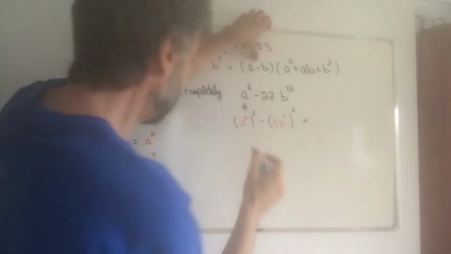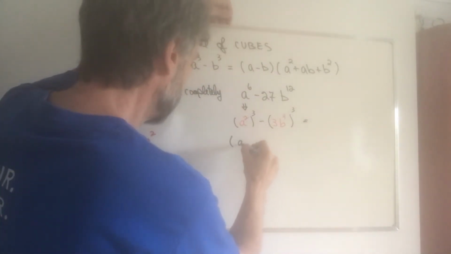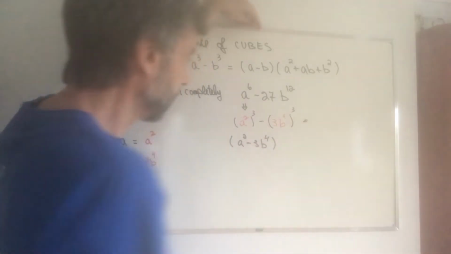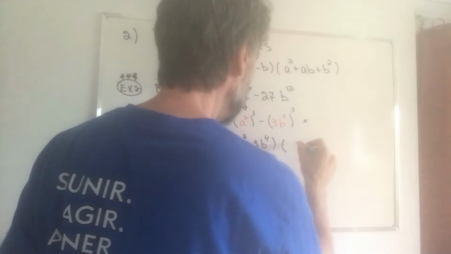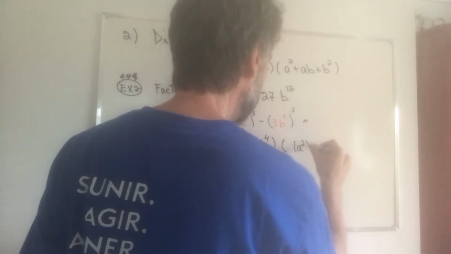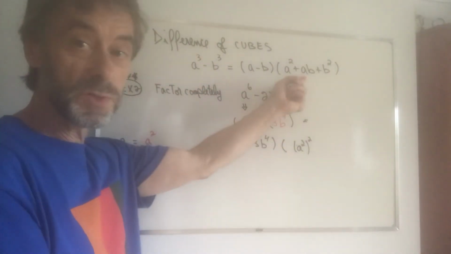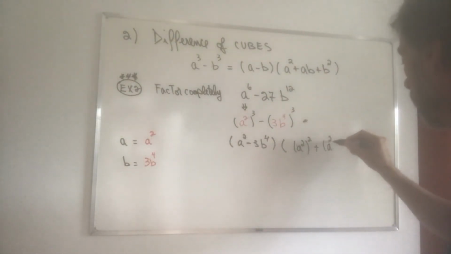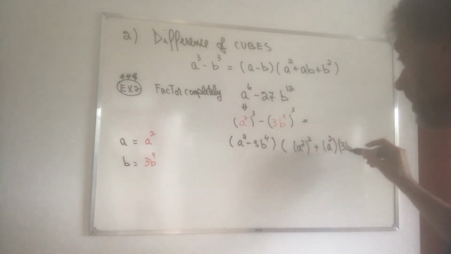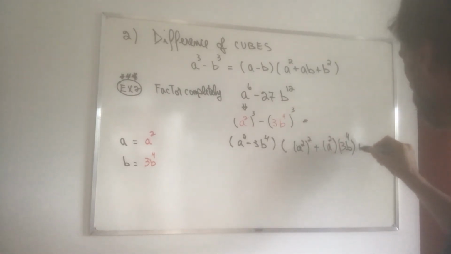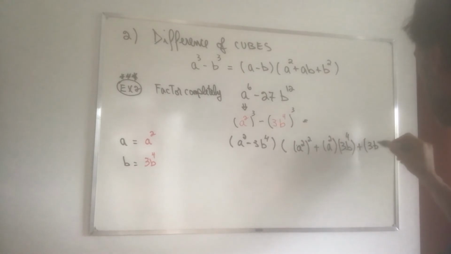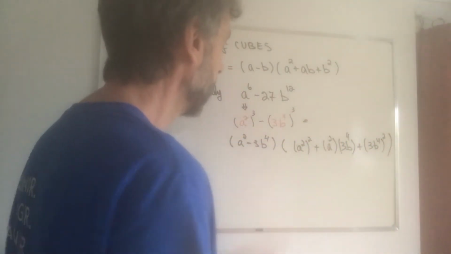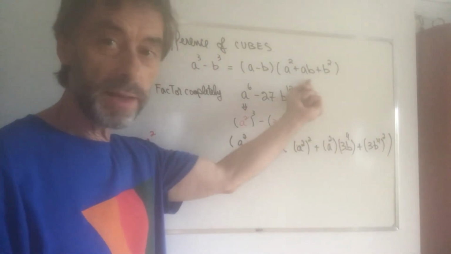So A minus B, times A squared squared, plus A squared times 3B to the 4, plus 3B to the 4 squared. And that actually covers the trinomial that is here.